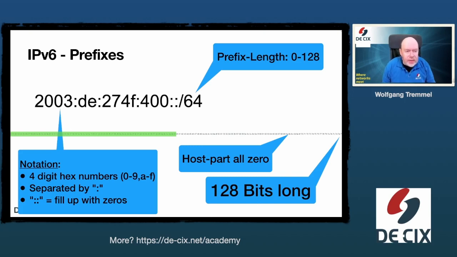The whole address, of course, contains the network and the host part. But what we call a prefix is just the network part, and the host part is all zeros. So we have a network part of 64 bits. We write it with a /64, and that also means if we put it into a table, if we write it down, the host part is all 0.